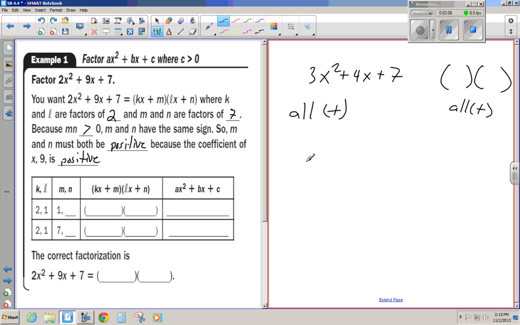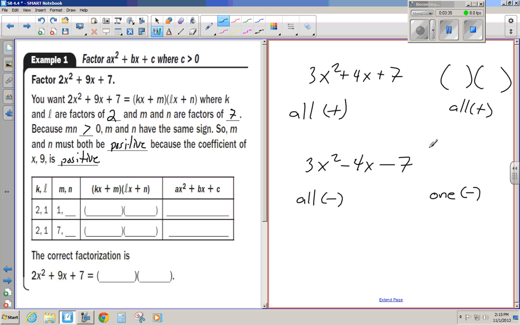If you have something like 3x squared minus 4x minus 7, if all are negative, then you want to say that you only have one negative.